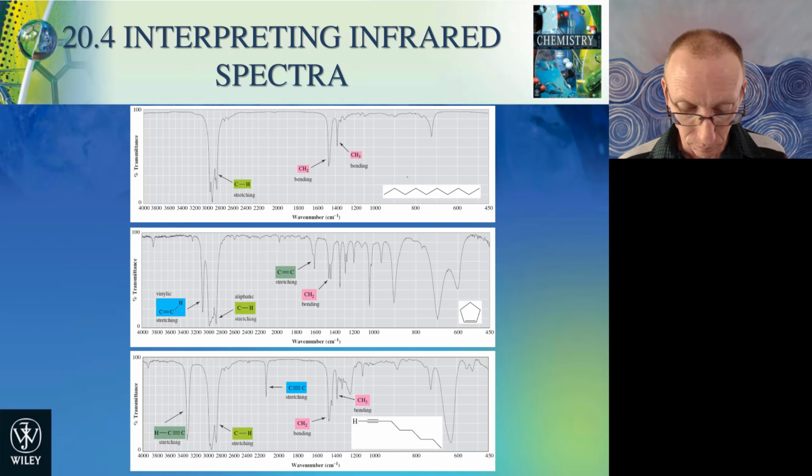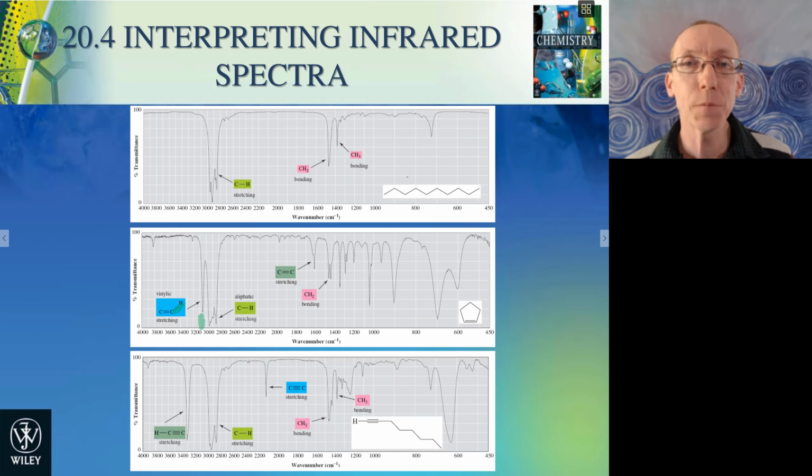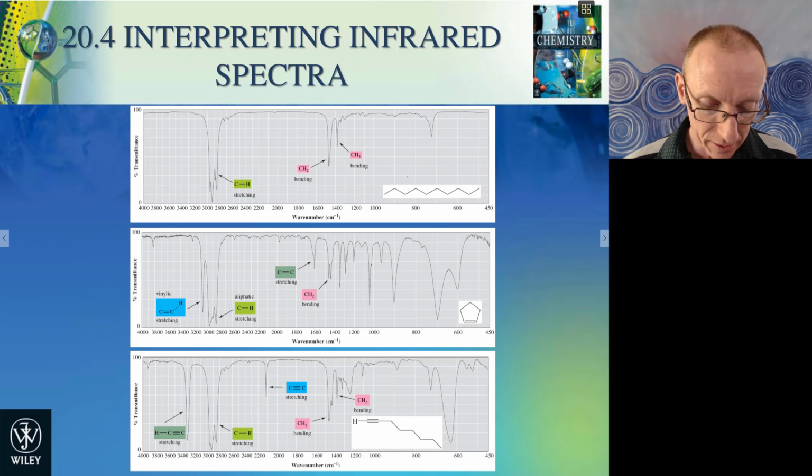And there's not much else around the fingerprint region for this simple unbranched alkane. Okay, what if we have a cyclic alkene? Now we get a significantly more complex spectrum. We've got a higher frequency CH stretch for the hydrogen that's attached to the sp2 hybridized carbons. So you can see that is missing in the alkane here.